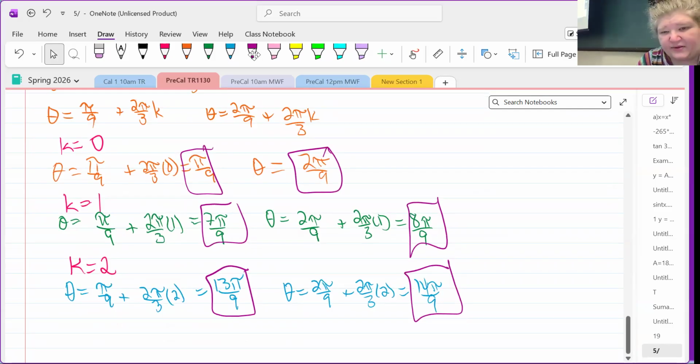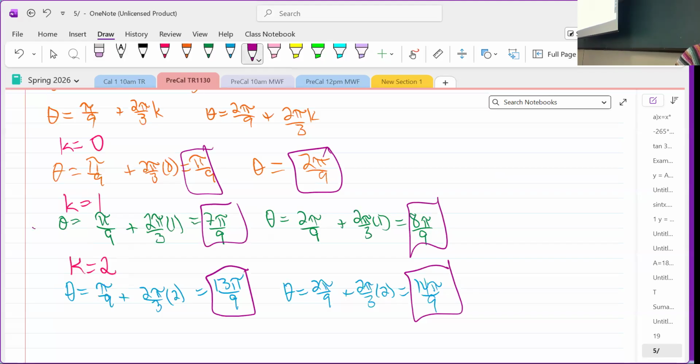Now, how did I get the other pi numbers? So pi over 9 plus 2 pi over 3, I need a common denominator to add those. So we can also think of this as 1/9 plus 2/3. 2/3, I'd multiply it by 3 over 3. So I end up with 6/9. So 6/9 plus 1/9 is 7/9.